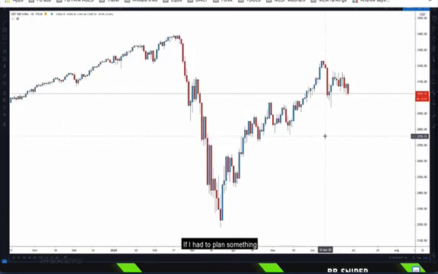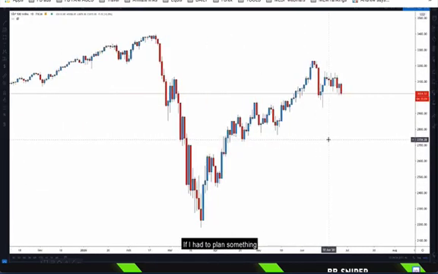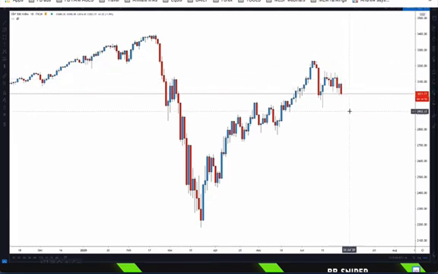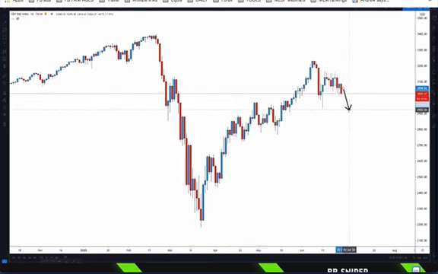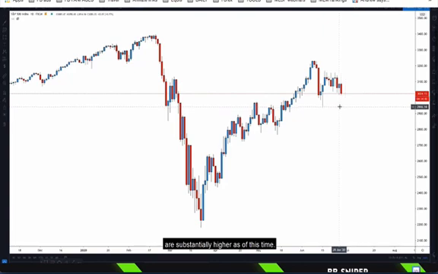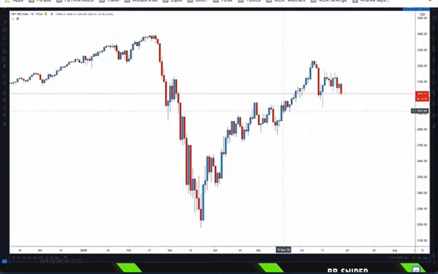If I had to plan something around what I believe could be happening next in this market, just by looking at the candlestick bodies, I would believe that the probabilities of this moving lower are substantially higher as of this time.